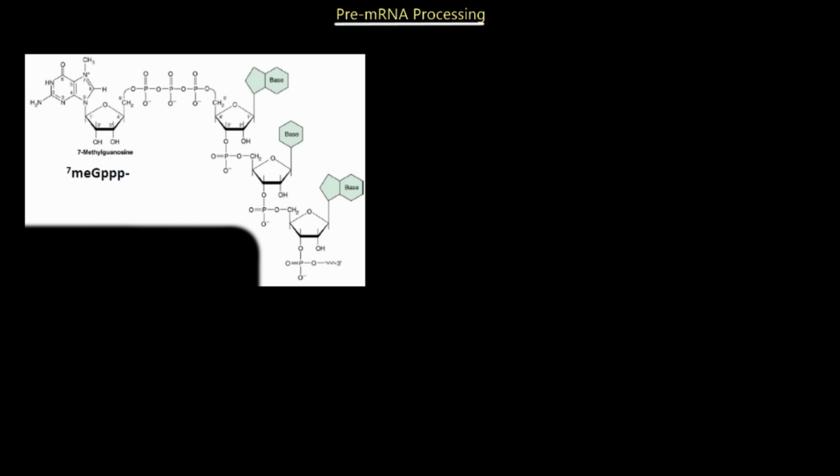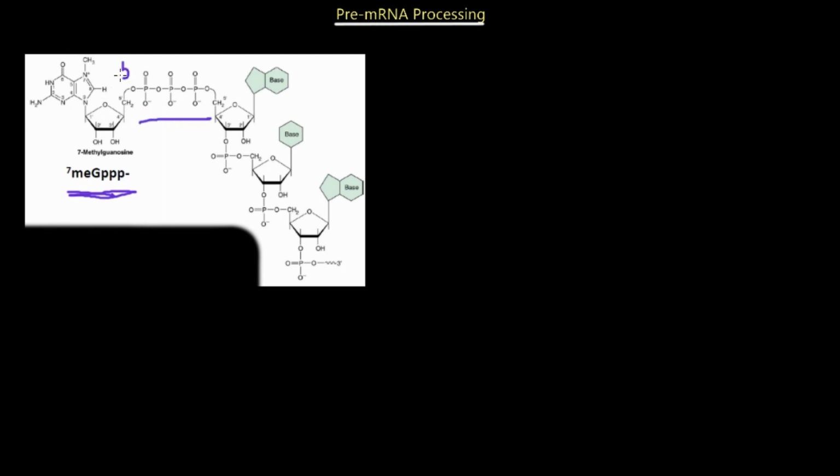So first, as soon as the mRNA comes out of the RNA polymerase and DNA complex, it's going to have a 7-methyl guanosine attached to it. So it's going to have the guanosine, which will have another methyl group, and it's going to have a triple phosphate.